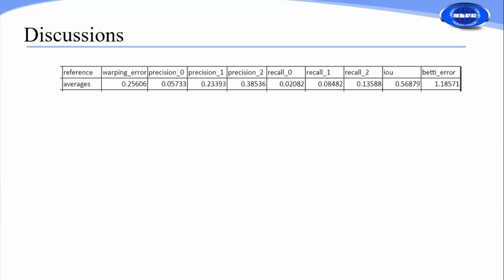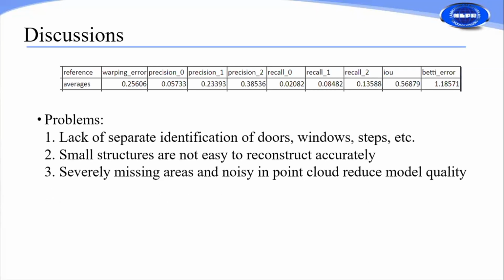After the analysis, we think that's because we don't specially identify the doors, windows, and steps in the floor plan and treat them all as walls. Besides, some small structures are not easy to reconstruct accurately because the point cloud may be sparse here, and the missing areas and the noise in the point cloud could also reduce the model quality.